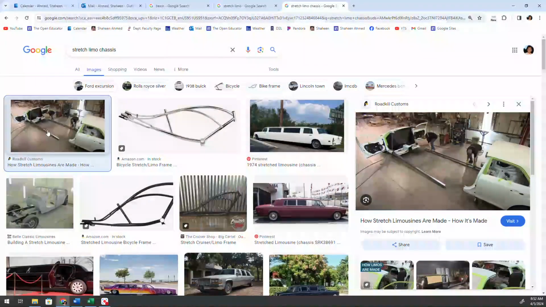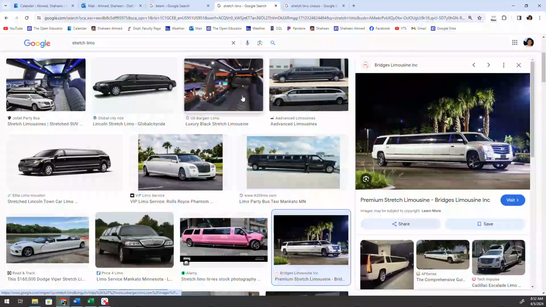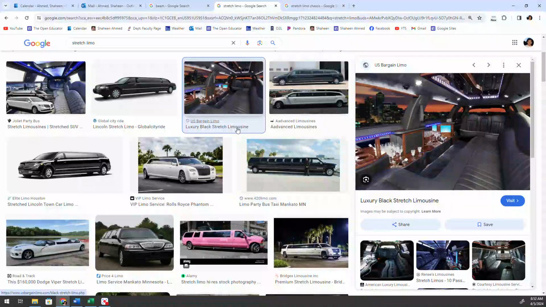You see these two guys attaching a section in the middle so that they can have a very long stretch limo where you can put all the fancy luxury stuff. Sometimes the load calculations are not done properly, and they are famous for collapsing from the middle.